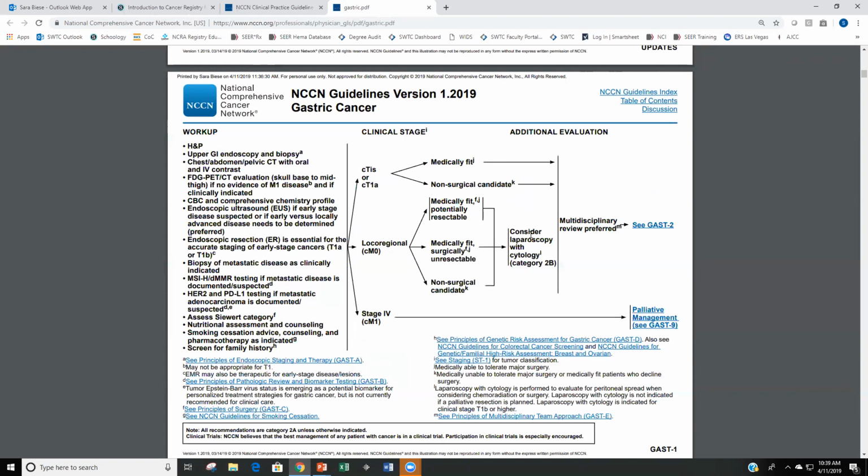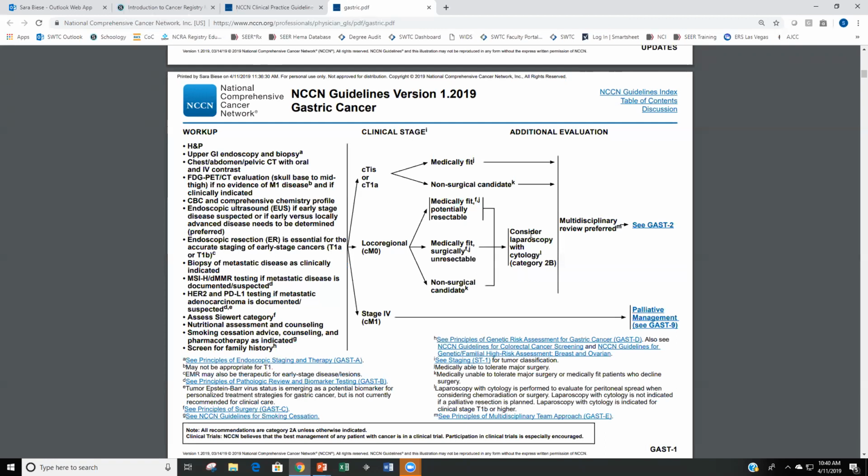The laparoscopy is when they cut a couple little holes in the patient's abdomen while they're under anesthetic, and they view the abdomen, check to see if the fluid in the abdomen is positive for cancer, or if there are possibly tumor implants around the abdomen that did not show up on the PET CT scan, because then that would make the patient a stage 4.